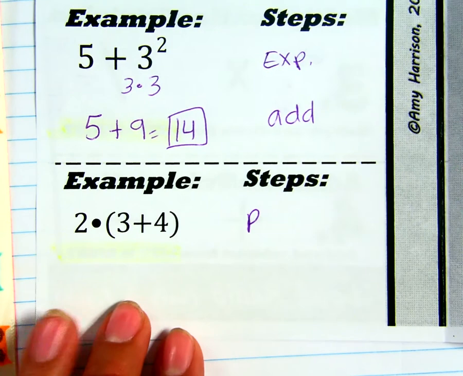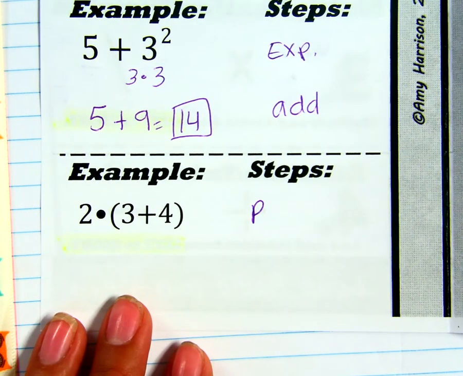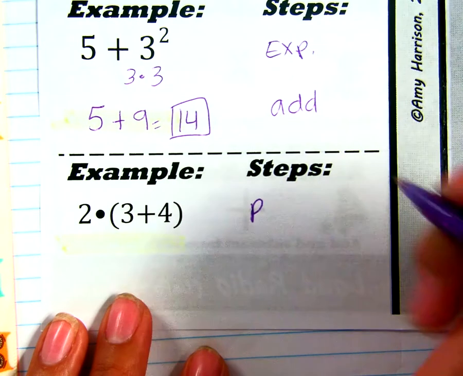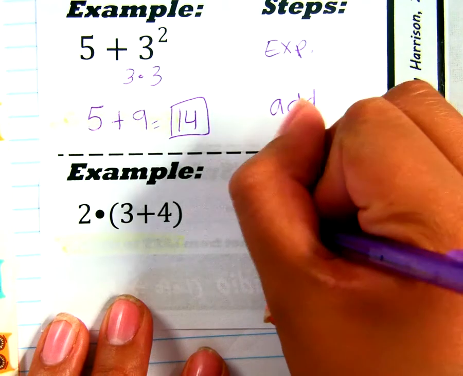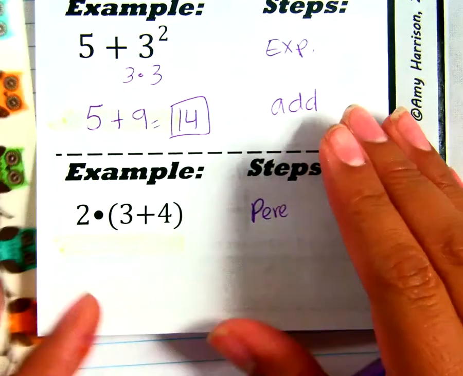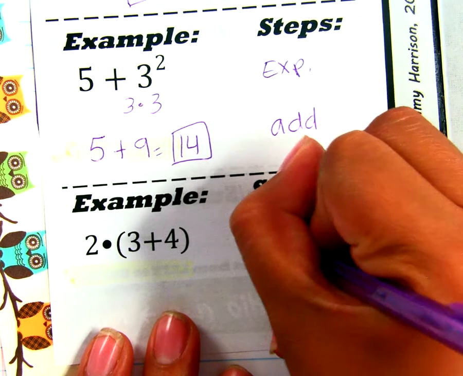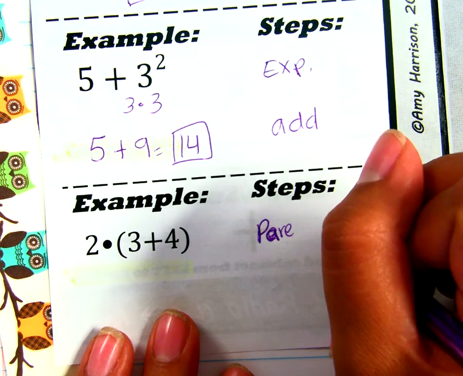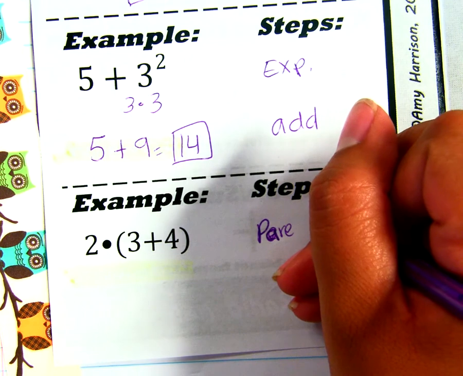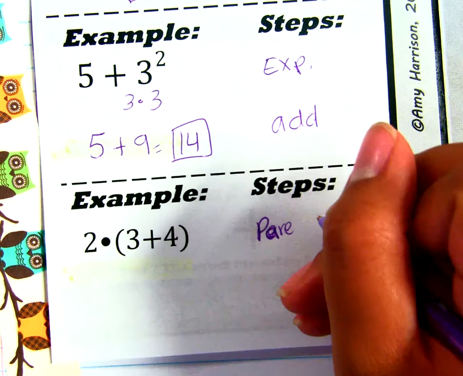I don't know, how would we abbreviate parentheses? Paren. I have trouble spelling parentheses. No, it's P-E. Oh, no, it is P-A-R.